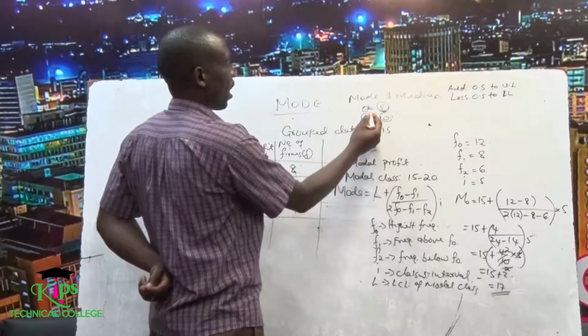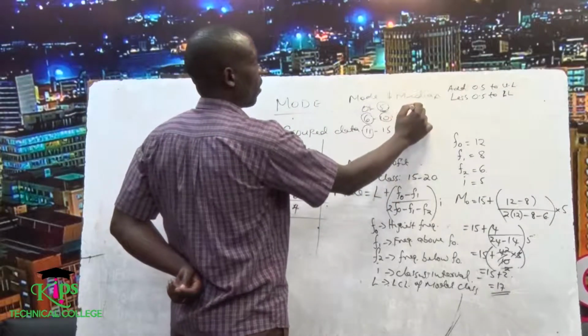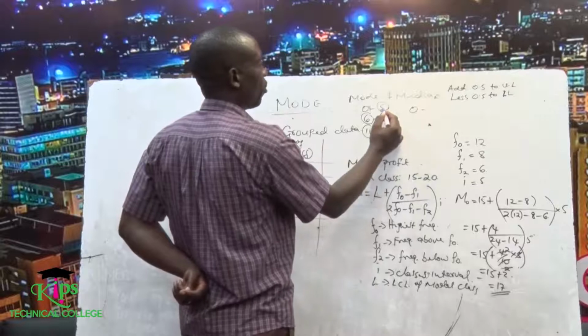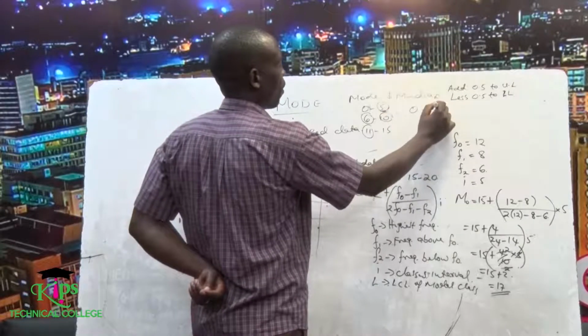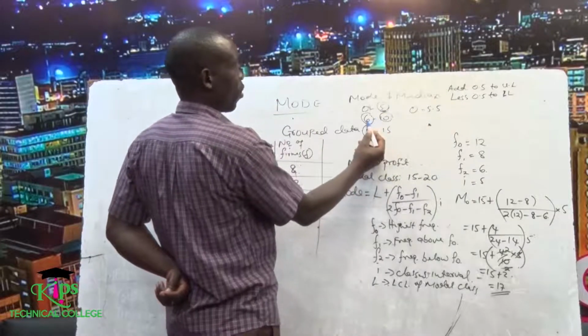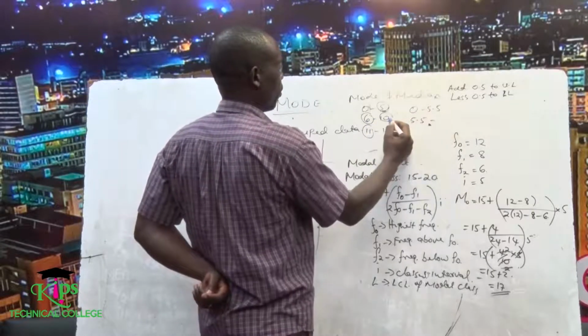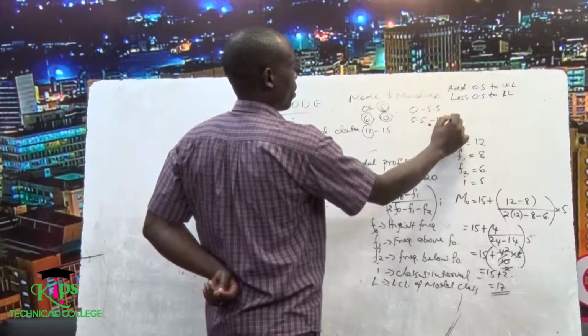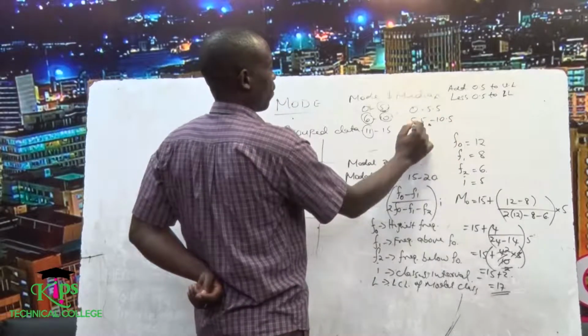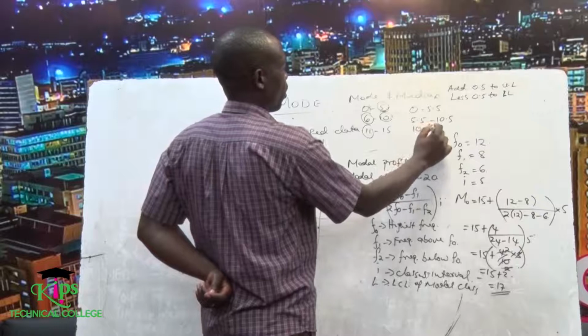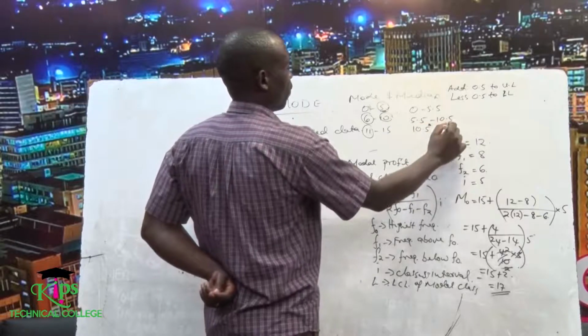So what you will do here, apart from the first value, we have 0 to the upper limit, we add 0.5, so it's going to be 5.5. Then here, this is the lower limit, we subtract 0.5, it's going to be 5.5, and to this one we add 0.5, it's going to be 10.5. We subtract 0.5, it is 10.5. We add 0.5, it is going to be 15.5.